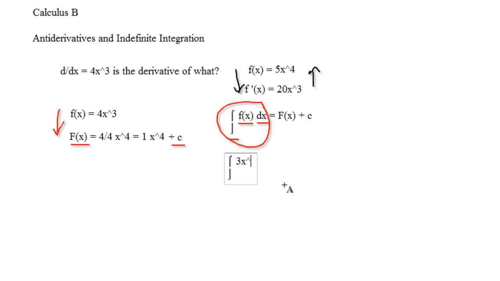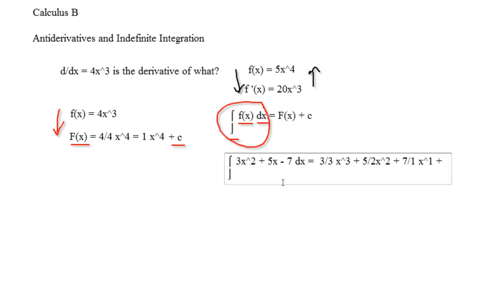If I had 3x squared plus 5x minus 7, and then the dx at the end, I would go up one power, so this would be 3 divided by 3, x to the third, plus 5 divided by 2, x to the second, minus 7. This is technically 7 divided by 1, x to the first. Then we have our plus c at the end. So that one's pretty simple.